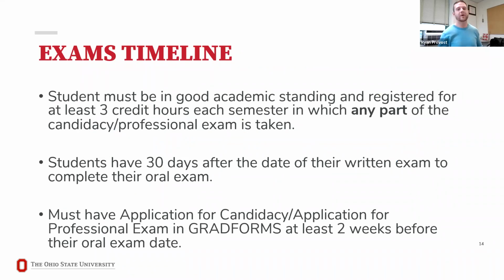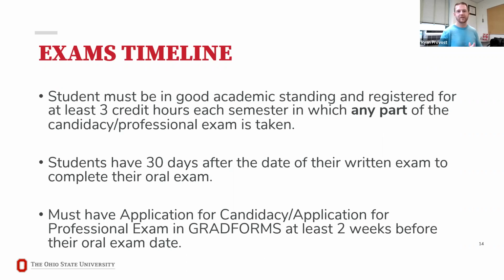So now to get more into the timeline of the exams. Again, students have to be in good academic standing, and they have to be registered for at least 3 credit hours each semester of any part of the candidacy or professional exam. So you'll need to make sure that's true. Once you have completed your written exam, you have 30 days to complete your oral exam.